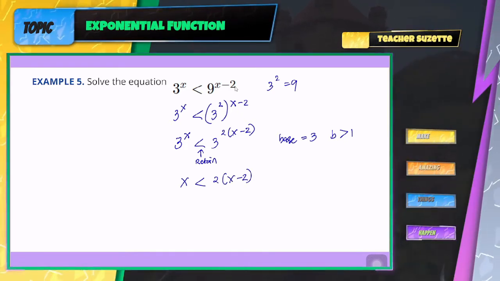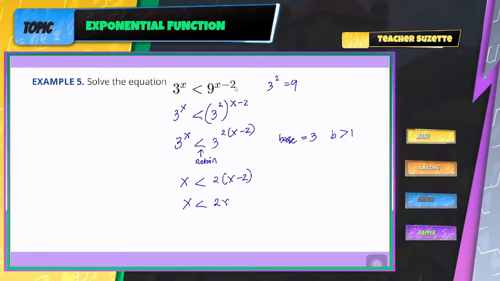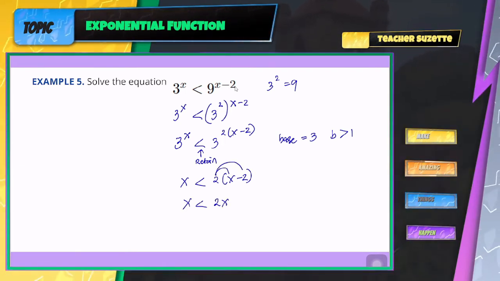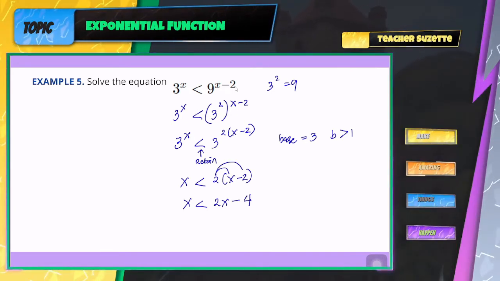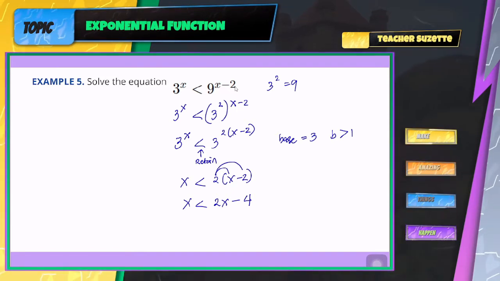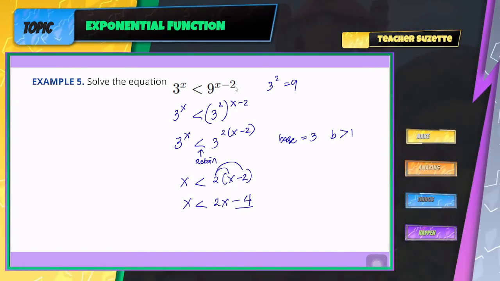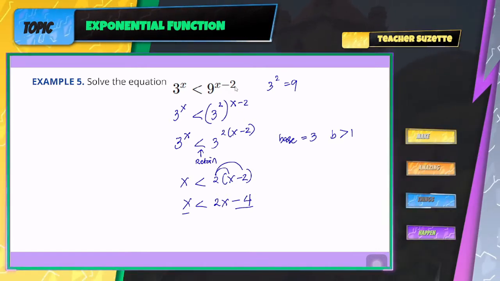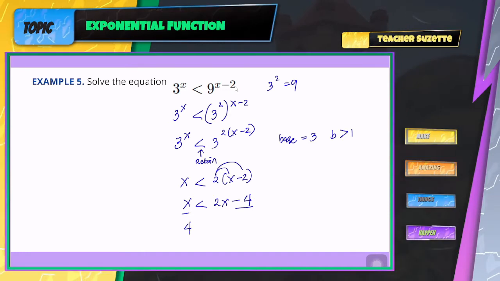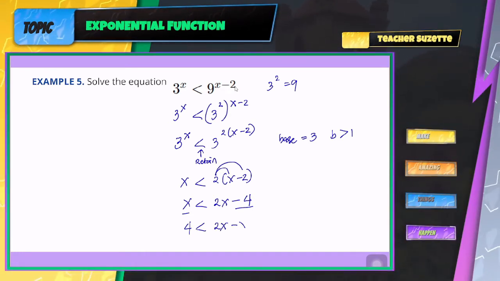Now, we can simplify. So, you will have x is less than 2x, 2 times negative 2 is minus 4. Then, let's try to solve for x. Ating itatranspose itong negative 4 sa other side, and itong ating x, i-isolate natin sa left side ng ating inequality. So, you will have positive 4 less than 2x minus x.